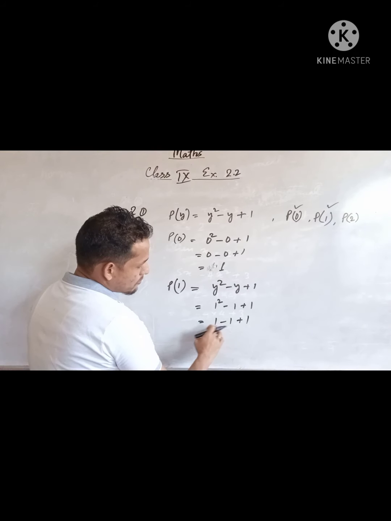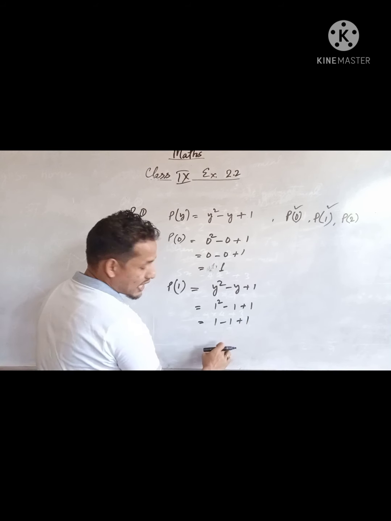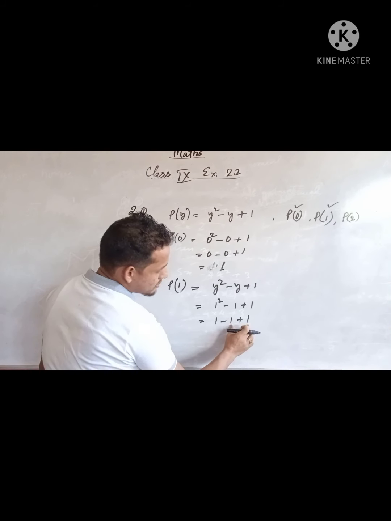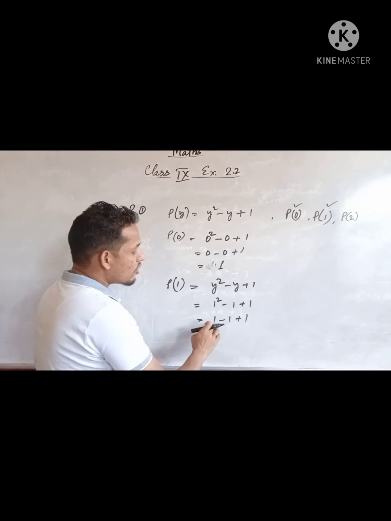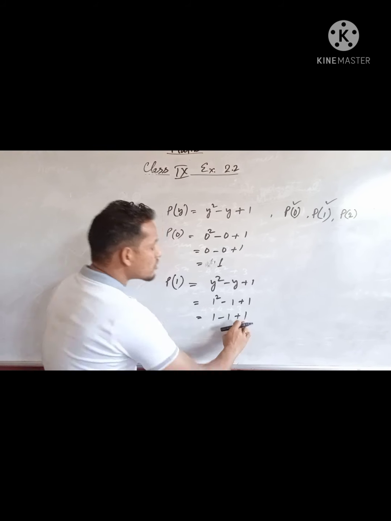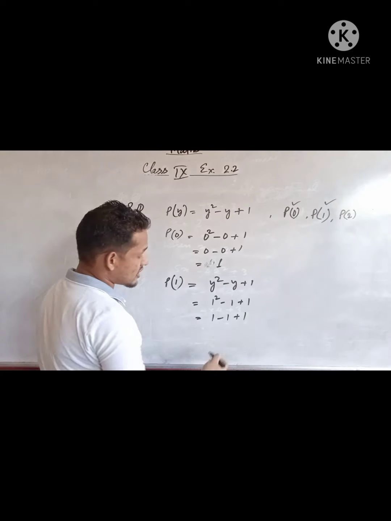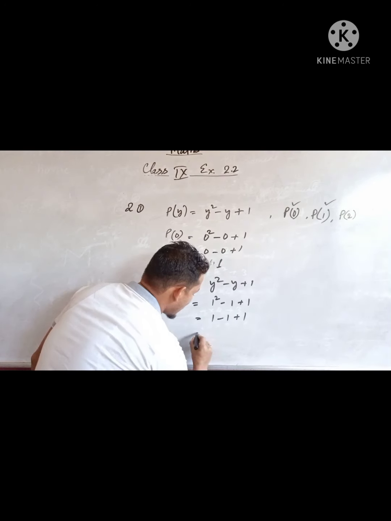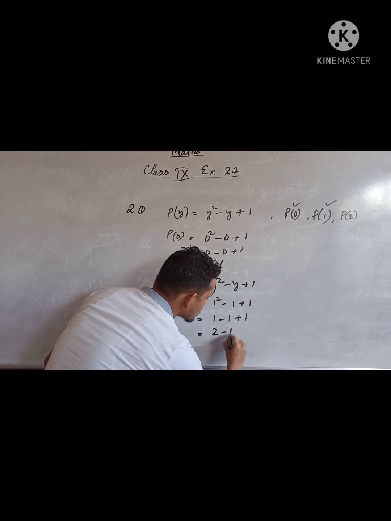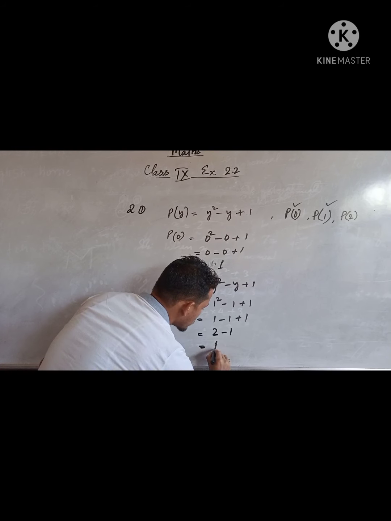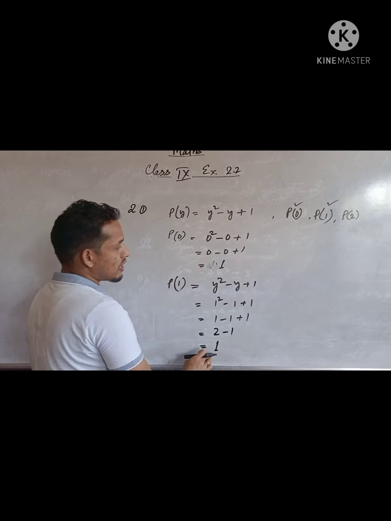You can cancel plus and minus and take this one as the answer, or you can add these 2 and cancel. Any process we can do. So let me add: 1 plus 1 becomes 2, minus 1 equals 1. So your answer is 1.